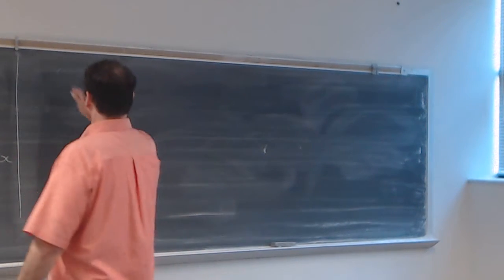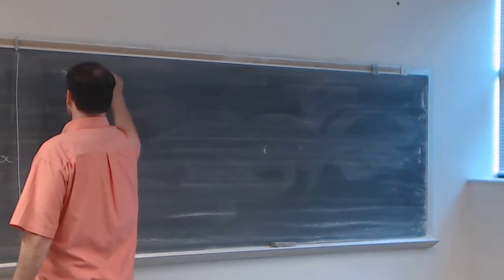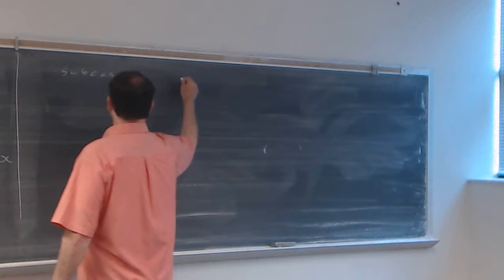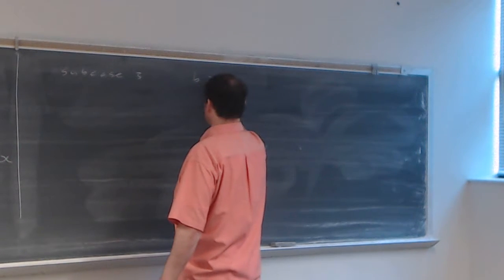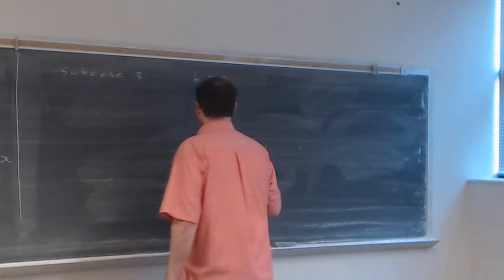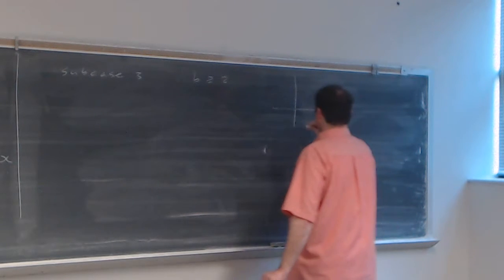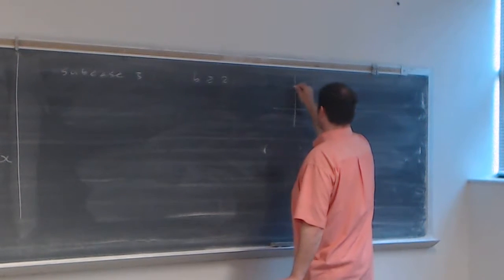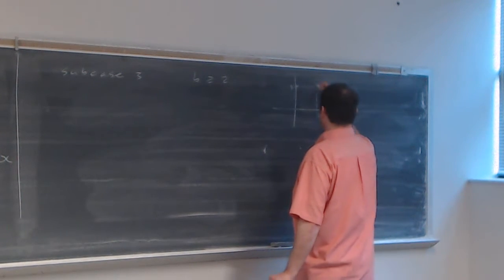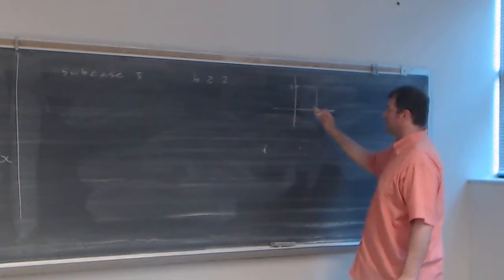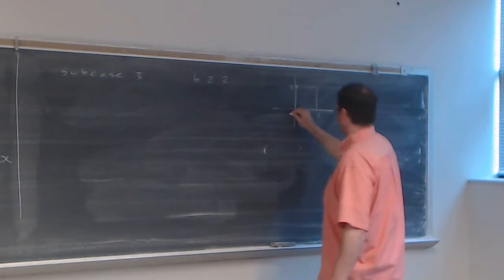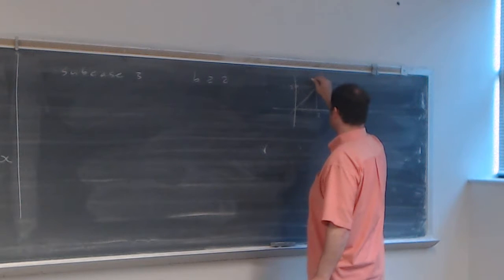The next subcase, and last one for this case that we're going to look at, is when b is bigger than or equal to 2. And so our picture, okay, so b is bigger than or equal to 2, a is something in here, we're looking like this.